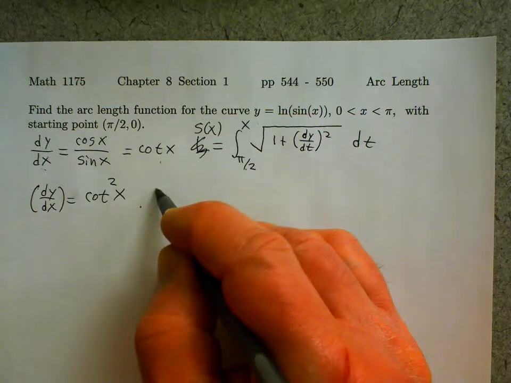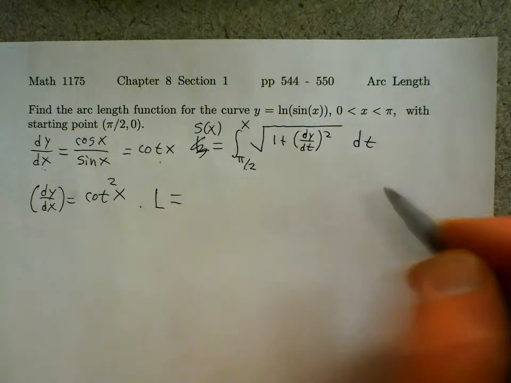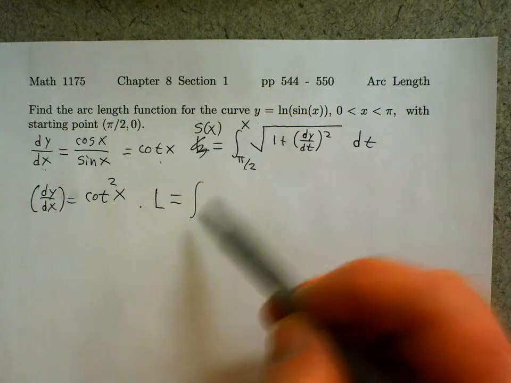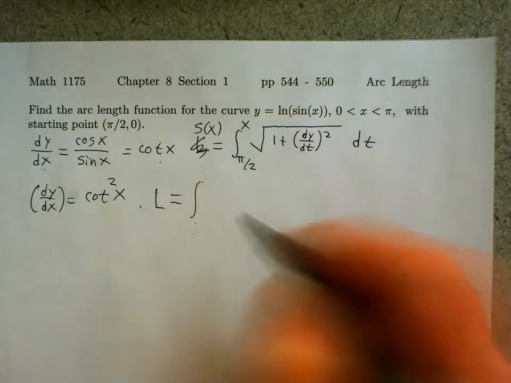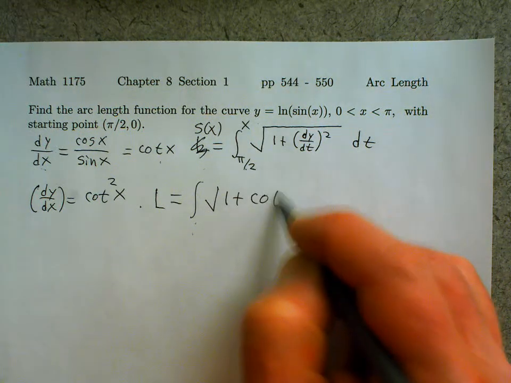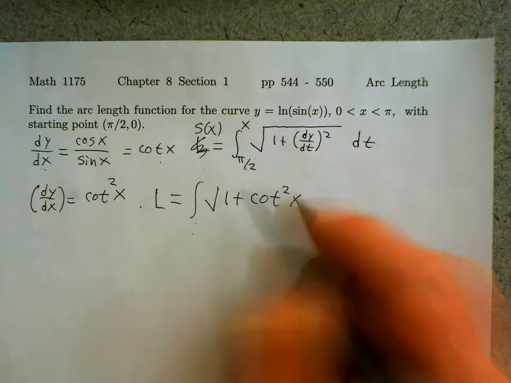So let's go ahead and write the arc length formula. We won't worry about the limits right now, but this is going to be the square root of 1 plus cotangent of x squared dx.